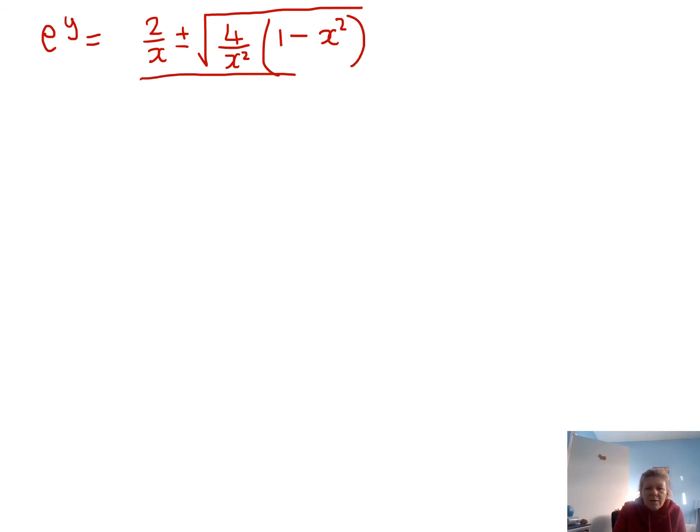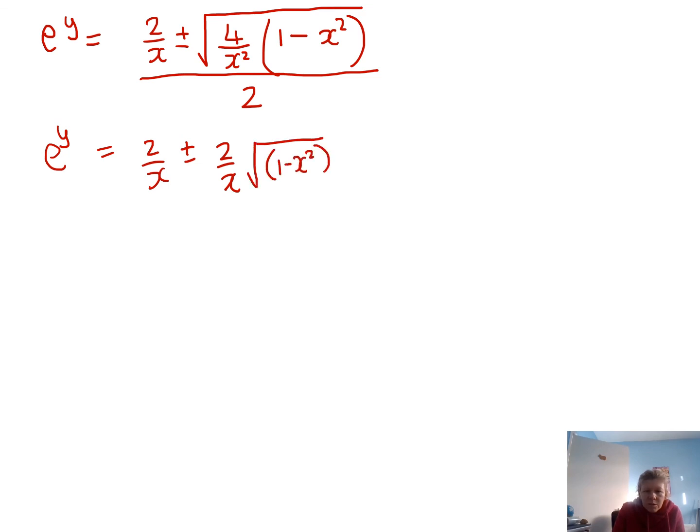And all that's just over 2. So we've got e to the y equals 2 over x plus or minus the square root of 1 minus x squared, all over 2.